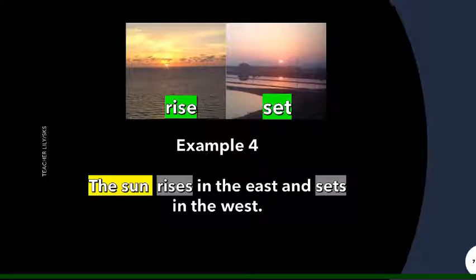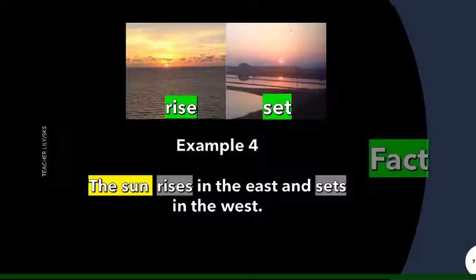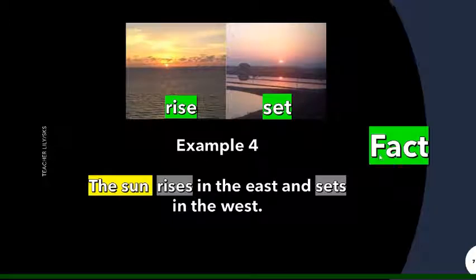Don't write any other verb with the sun, okay? Because only rise and set are used. In the morning we call it sunrise and in the evening we call it sunset. So rises and sets, when you talk about the sun. Very good, class. So this is a fact.